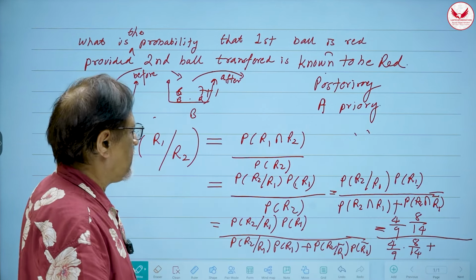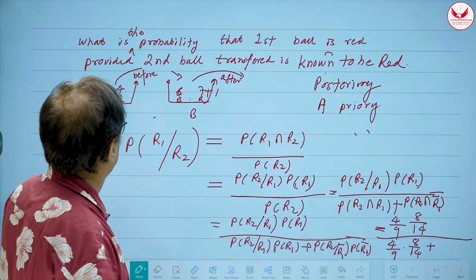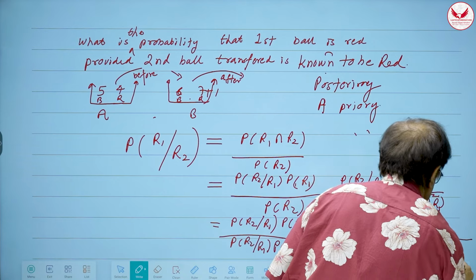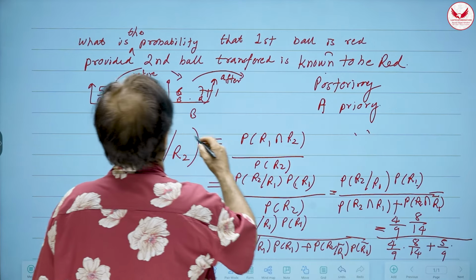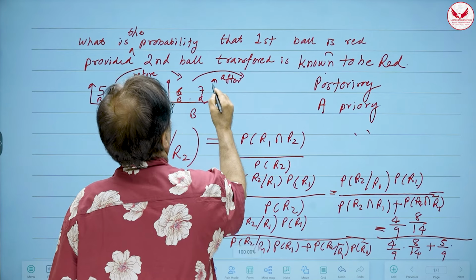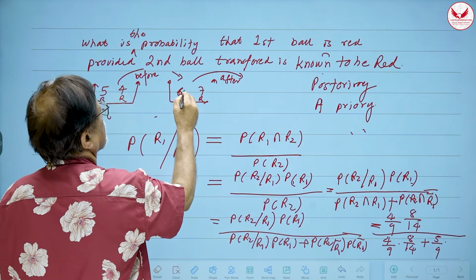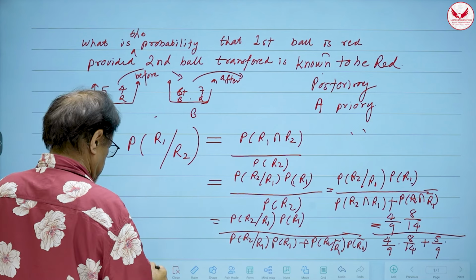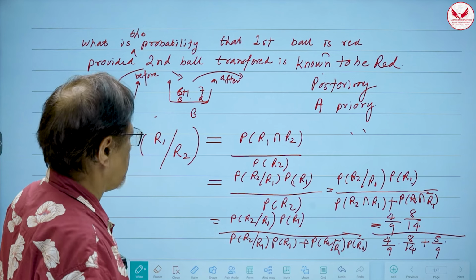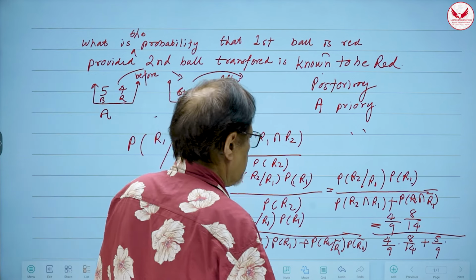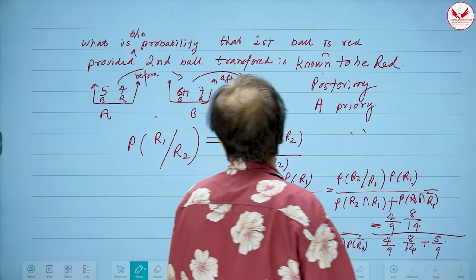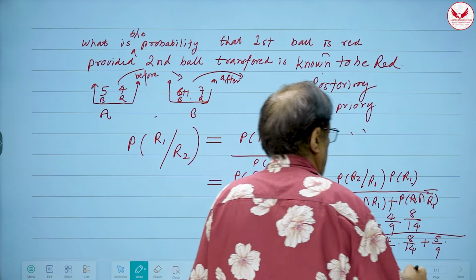Now first ball is not red, means first ball is black. How many black balls are there? 5 out of 9. Now the first ball transferred is black, so the black balls have increased. Only the total number of balls has increased, but the red ball count remains the same.